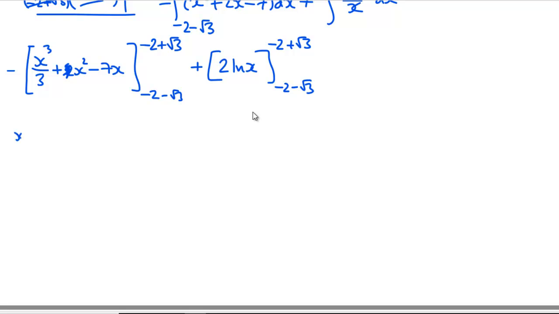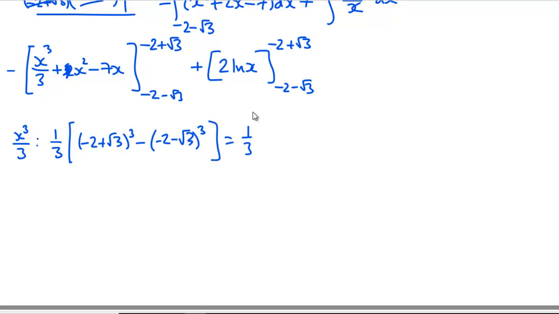So for the first one, our x cubed over 3, we're going to have a third. Let's take that outside. I'll put the minus sign back in later on. But we'll have a third of minus 2 plus root 3 cubed minus minus 2 minus root 3 cubed, which means we're going to get a third of, what is all this?